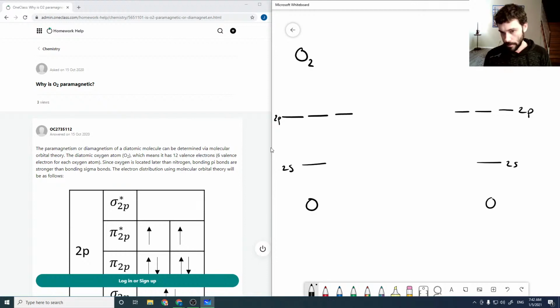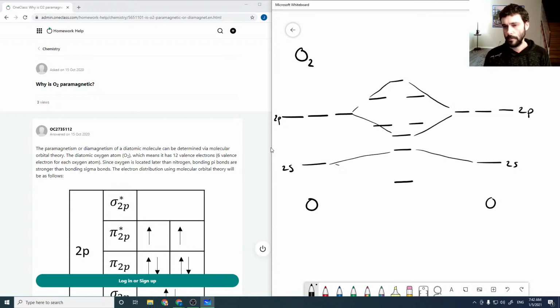So we're going to get sigma star, sigma, pi, pi star, sigma. So this is the ordering of the levels for oxygen.